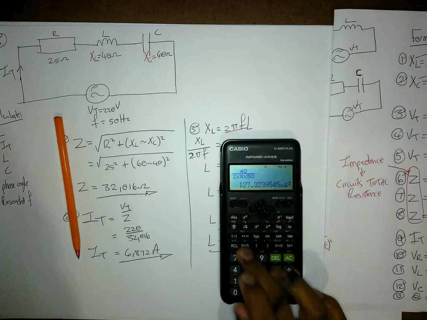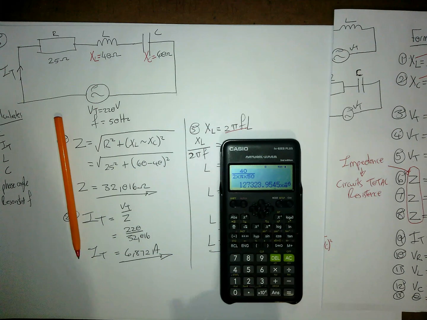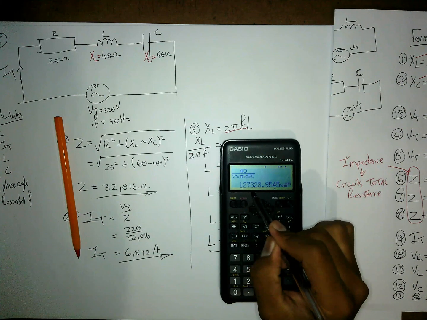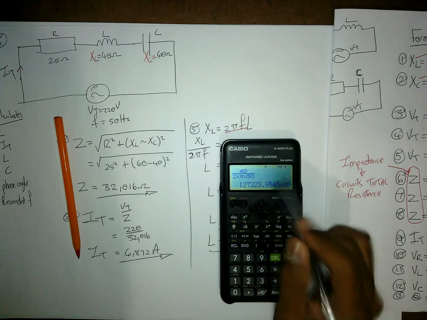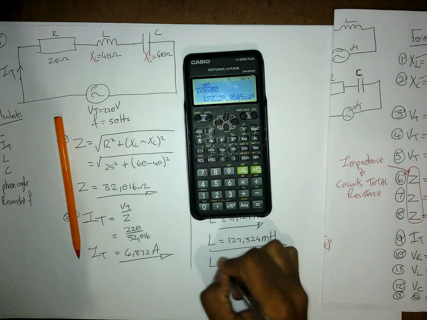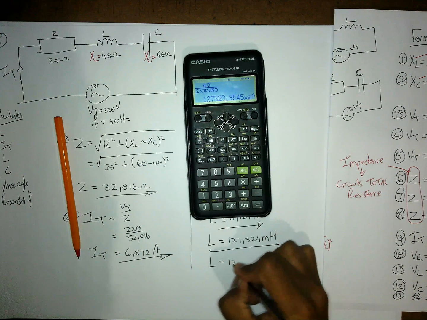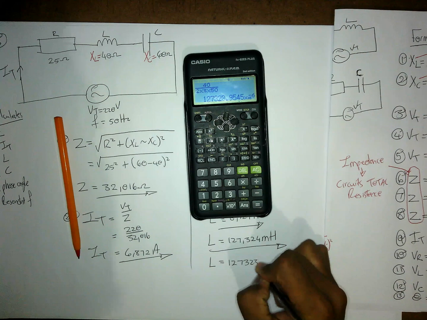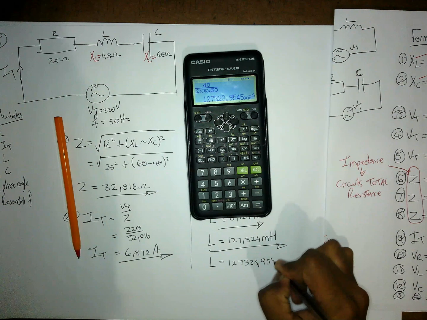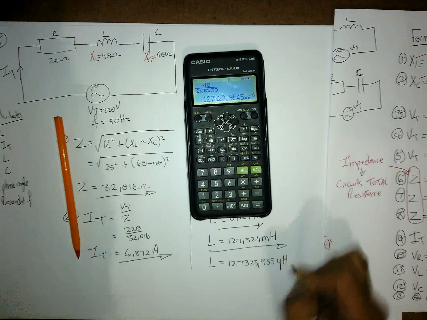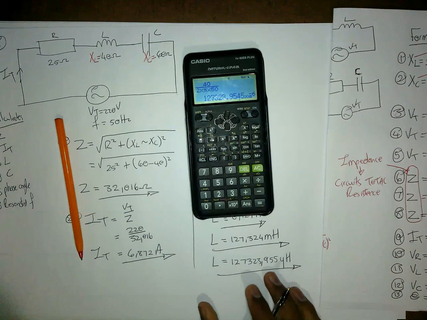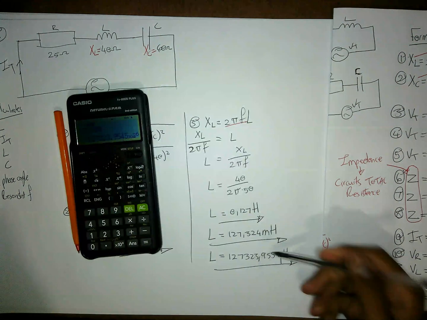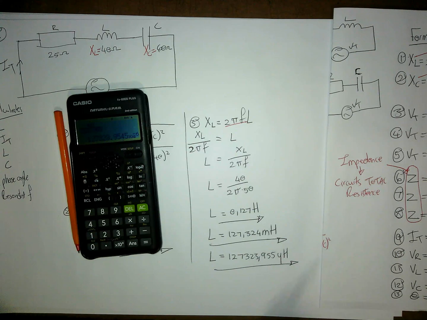If they want it in micro, we press it again. It's going to be 127,323 microhenry. Let's just write it, just for the knowing. This is all the same value, we just wrote it differently. This one is more accurate because it has more numbers in, but it's the very same value.